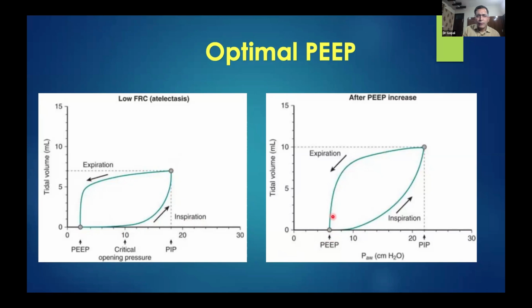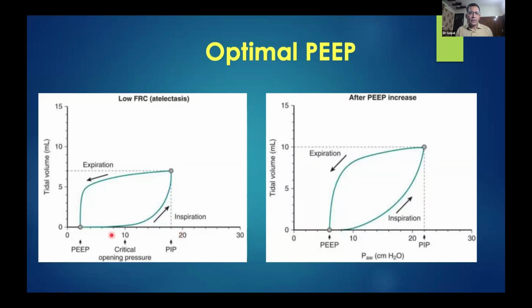For the same pressure, PIP here is 20, tidal volume delivered is 7 ml. For almost the same PIP, 21, I get a tidal volume of 10 ml. So by increasing the PEEP, you get more tidal volume with the same PIP. PEEP again is a very important parameter to change, or to increase the MAP also.